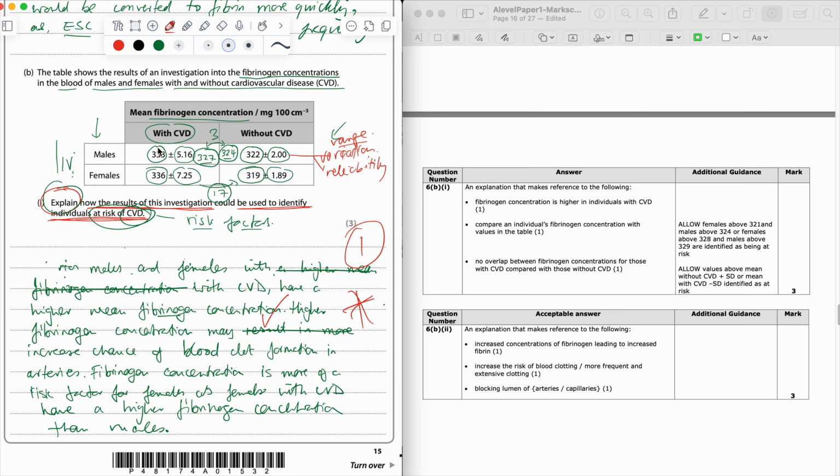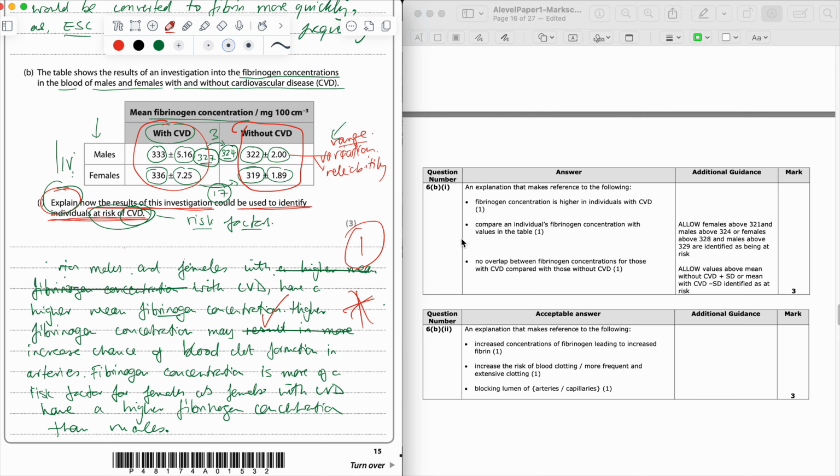So how does this table provide information about who's at risk? Anything outside of the range of without CVD therefore identifies people who are more likely to have CVD based on their fibrinogen content, and therefore what we're looking at is the data differences between the with CVD and the without CVD, basically. So that's where I went wrong with that one.